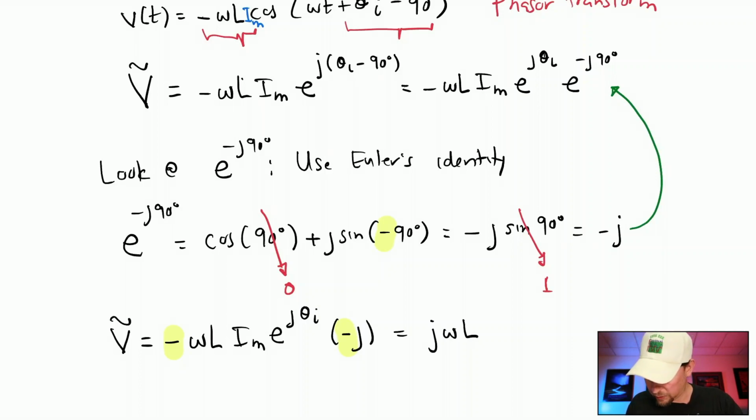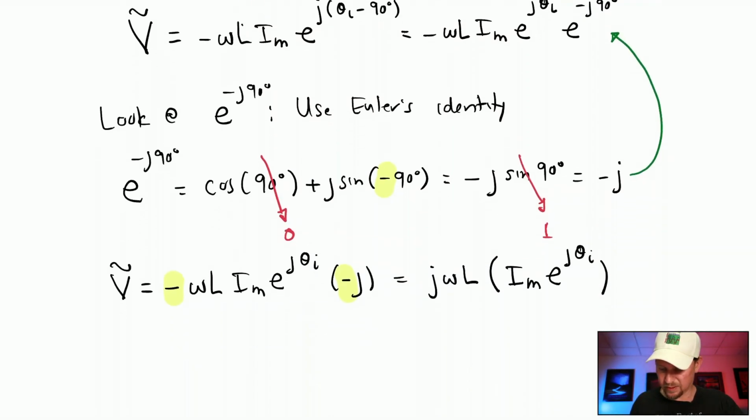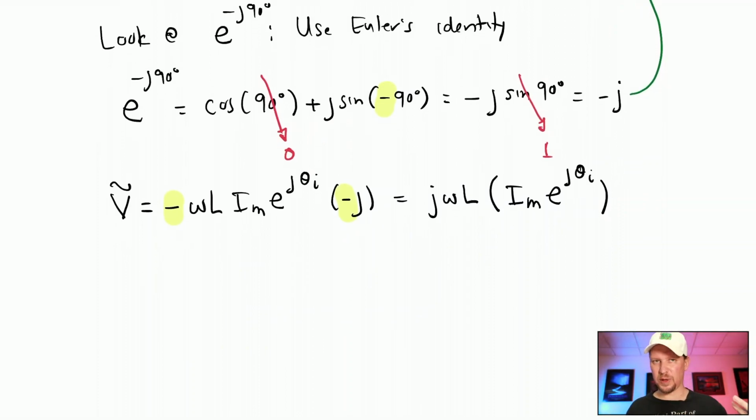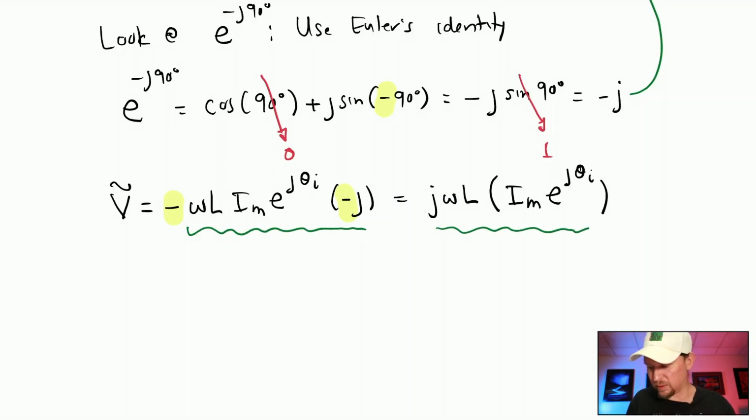And I'm going to go ahead and put in parentheses I sub m e to the j theta I, like this. So hopefully you can convince yourself that this whole thing can be reduced like this.